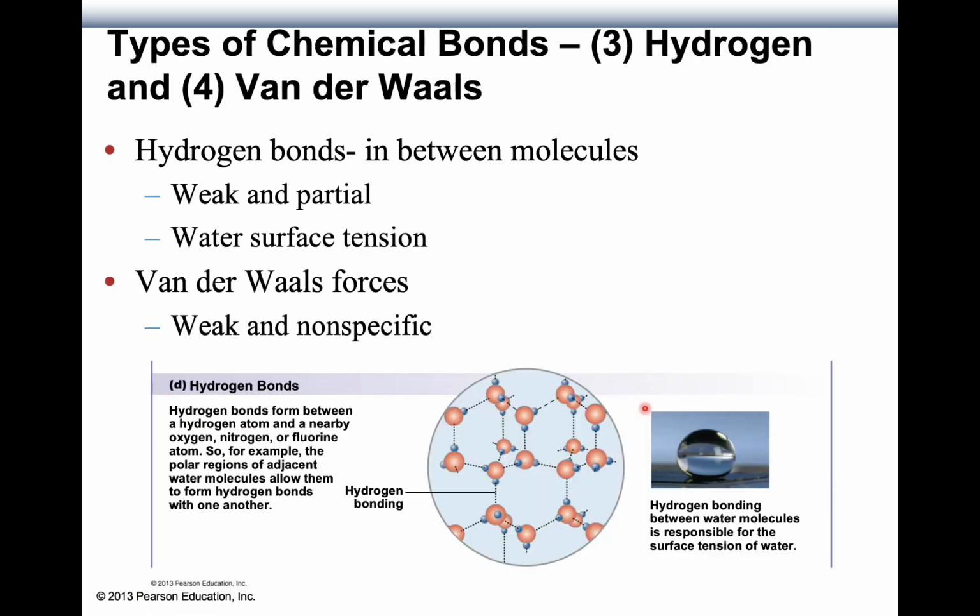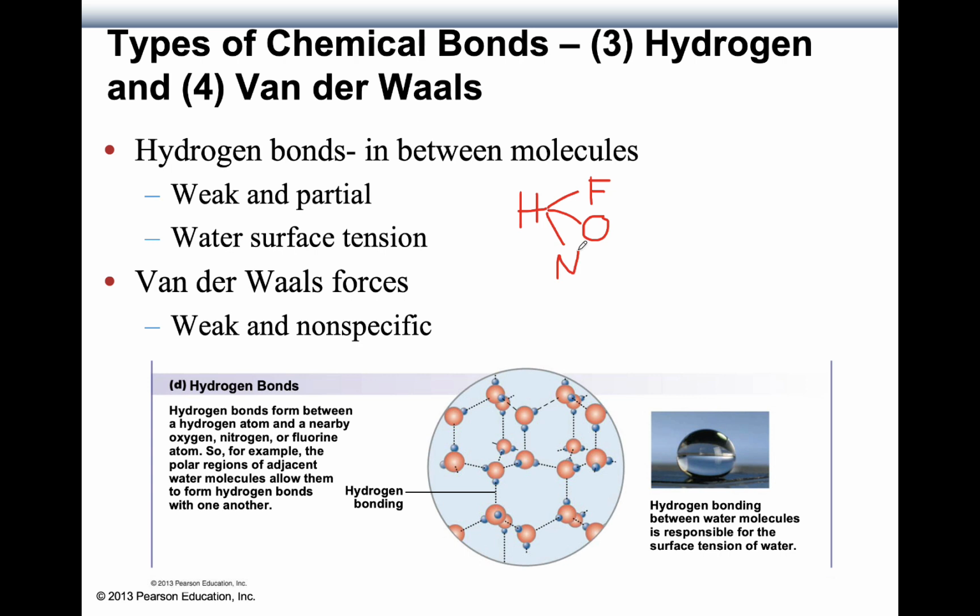The last two types of chemical bonds are called hydrogen bonds and van der Waals forces. Hydrogen bonds are always in between a hydrogen and, let me draw my lines, F, which is fluorine, an oxygen, or a nitrogen.